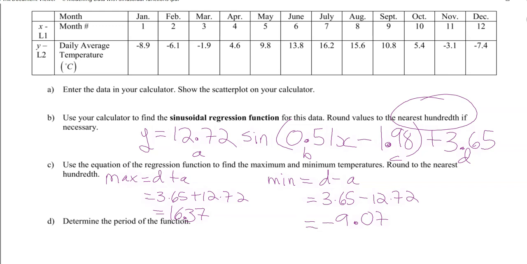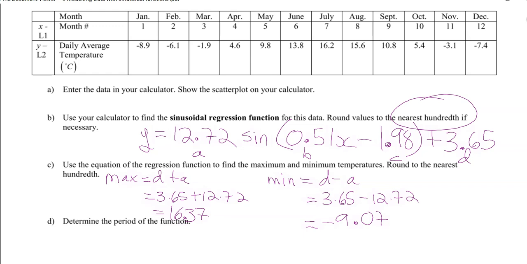So the minimum, remember this is for a month, right? Not for a day. So we're not modeling temperature by day, where the period would be 365. We've got a period of like 12, because our x value is the month number. See, it says up here, x, which goes into L1, is the month number, and y, which goes into L2, is the daily average temperature.